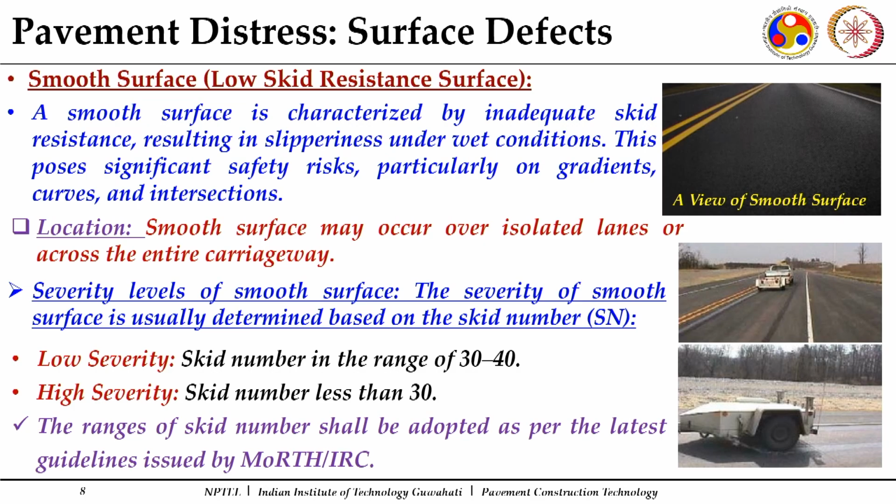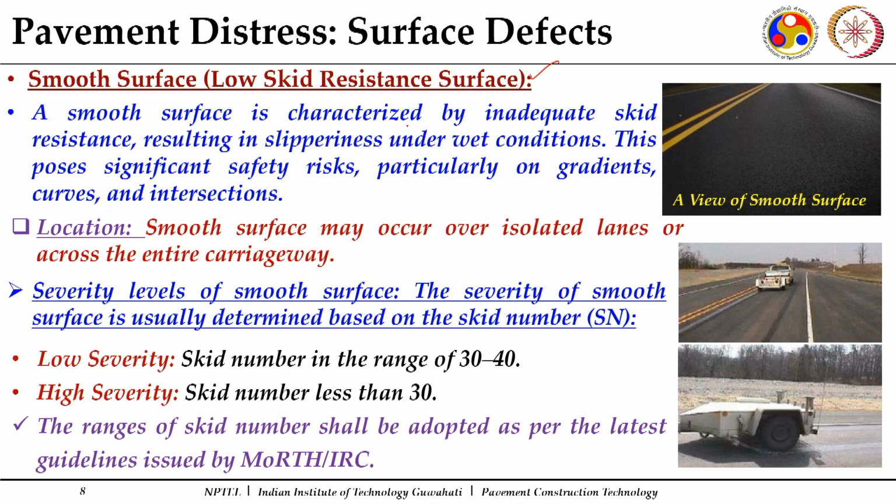Now, smooth surface. If the surface becomes highly smooth, highly polished, then it raises concerns related to low skid resistance. We have already discussed in the previous talks, where we discussed the measurement of the skid resistance of pavement surfaces, how important skid resistance or frictional resistance is for the safety of road users.